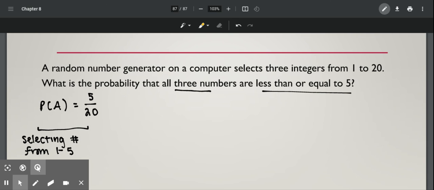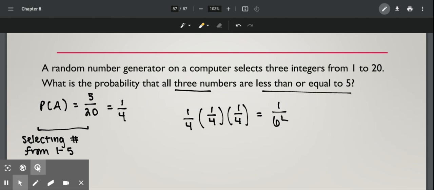So the probability each time is going to be the same. If picking one number from 1 to 5, the probability is 1/4. Then picking the next number will also be 1/4. And then picking that last number will also be 1/4. So our probability that all three would be under 5 would be 1/64.